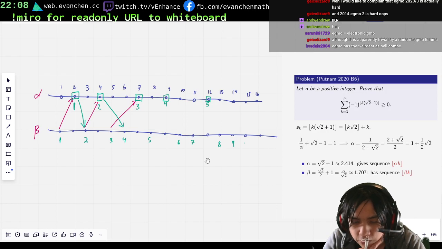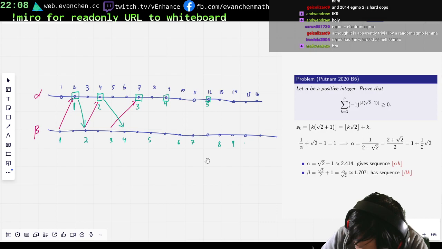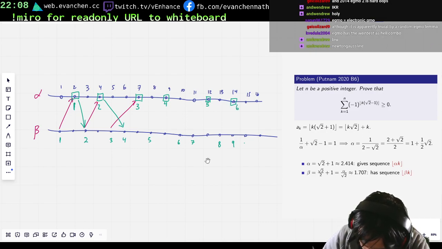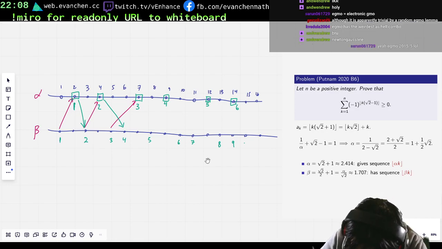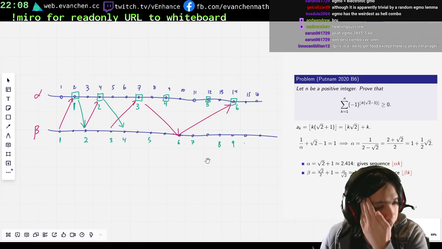What's the next one? 14.484. So for example, this 3 might go to this 6. And there's a sort of zigzag that should happen like this, where in each step I'm amplifying it by the square root of 2.